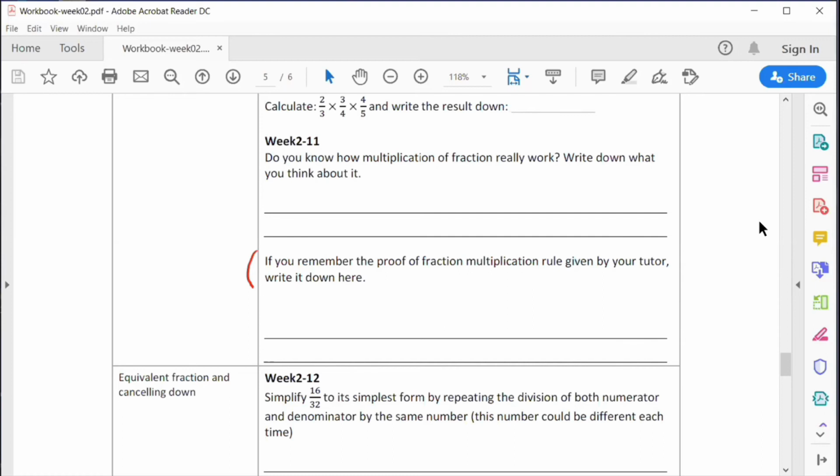Why do we times the top with the top and the bottom with the bottom? The hint is, you know how when you times a fraction with a whole number, or any number really, you times the number with the top. So that is the way to prove it.